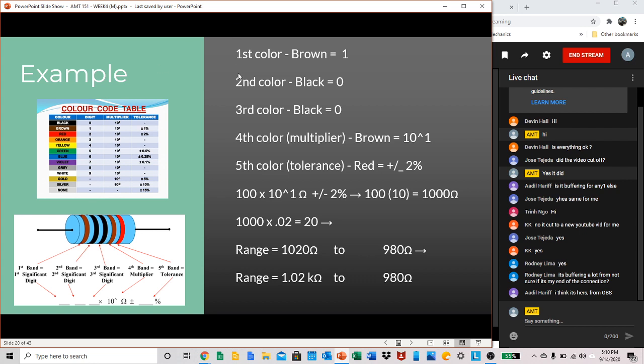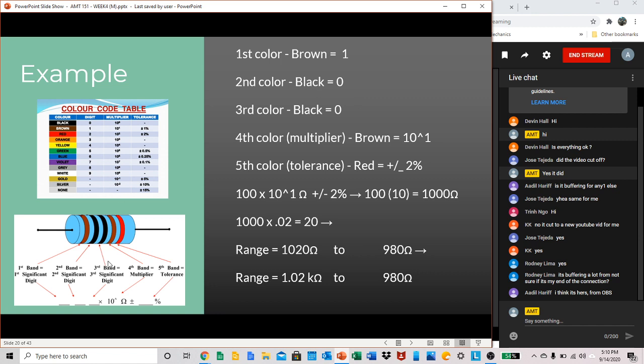So we're going to take the first, second, and third color bands, the whole number digits. According to our chart, which I know is really small here, but you have the same chart on a different slide, we have a brown band and 2 black bands. That's going to give us the whole numbers 1 and 2 zeros, so basically 100.